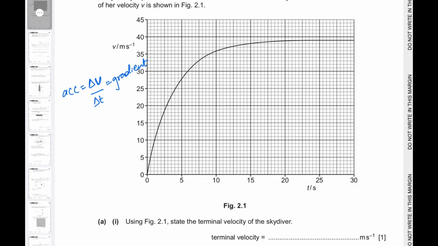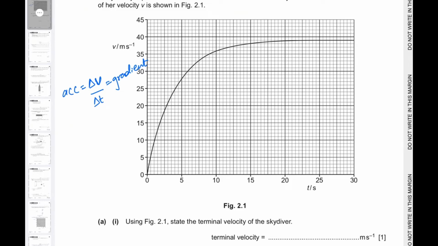Part 1, using figure 2.1, state the terminal velocity of the skydiver. What is terminal velocity? This is a velocity when the skydiver will fall at constant velocity because the forces acting on the skydiver in the vertical dimension would sum up to a value of 0. And according to Newton's second law, when there is no resultant force, there is no acceleration.